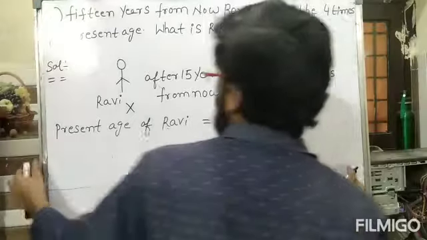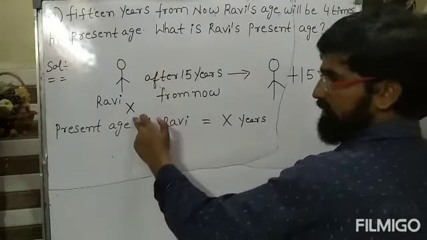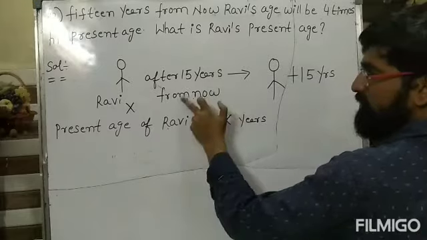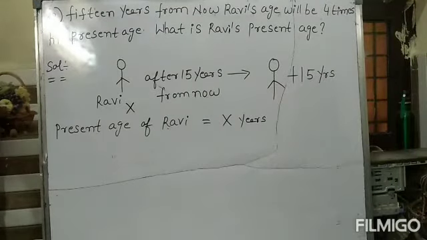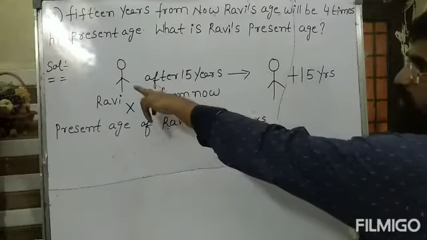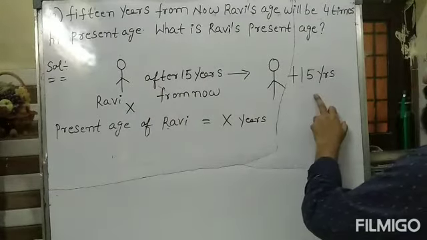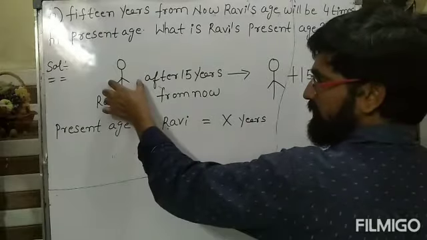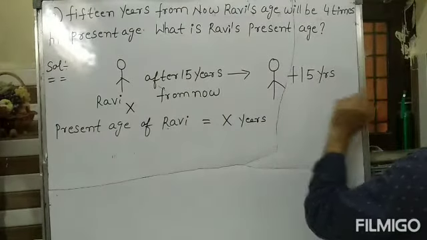Ravi is now X years. After 15 years from now, he becomes Ravi plus 15 years. Are you ready? Now Ravi is X years, and after 15 years from now, he becomes Ravi plus 15 years.